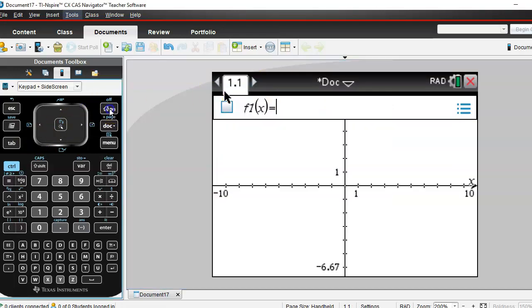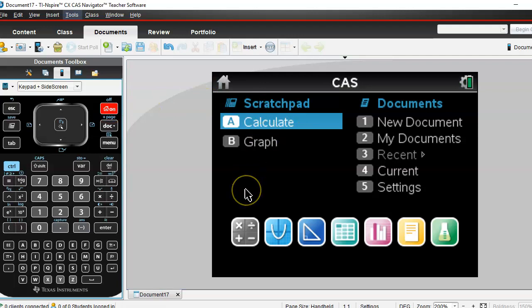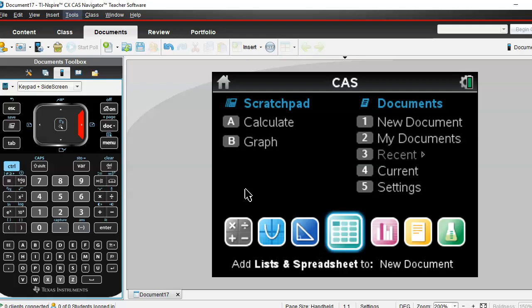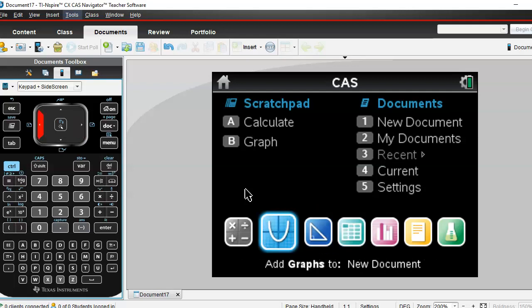On our home page, I could have also picked pages that way and picked graphs. I'm going to say it again, do not pick scratch pad. It doesn't have the full functionality that you have with documents. Don't use it, don't get into that habit, okay?